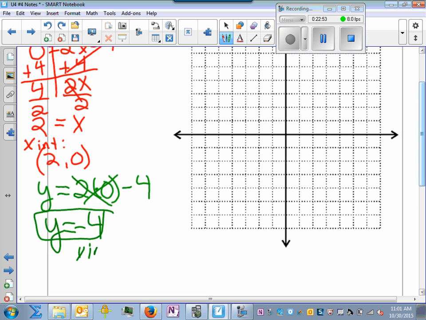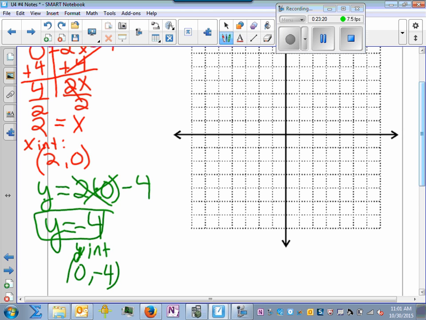My y-intercept, because what is 0 times 2? So it just goes away. You can solve it out. You can do 0 times 2, write down 0 minus 4, and then 0 minus 4 is negative 4. If you have trouble seeing that, write it out, okay? And you can't always do that. It only works if you have one of your variables on the other side, okay? So, my y-intercept is 0, negative 4.